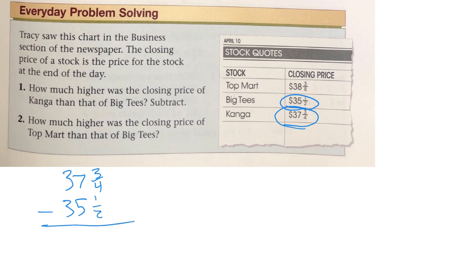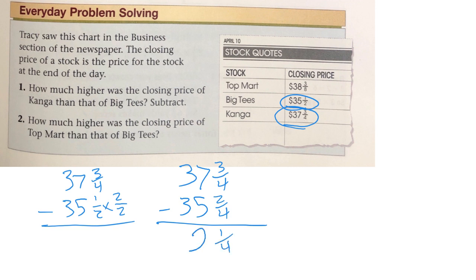So to make them like fractions, we'd have to multiply the 1/2 by 2/2, and that's going to show us 37 3/4 hasn't changed, but 35 now is 2/4. And we're going to be left with, subtract the fraction part first, then the whole number, 2 1/4.